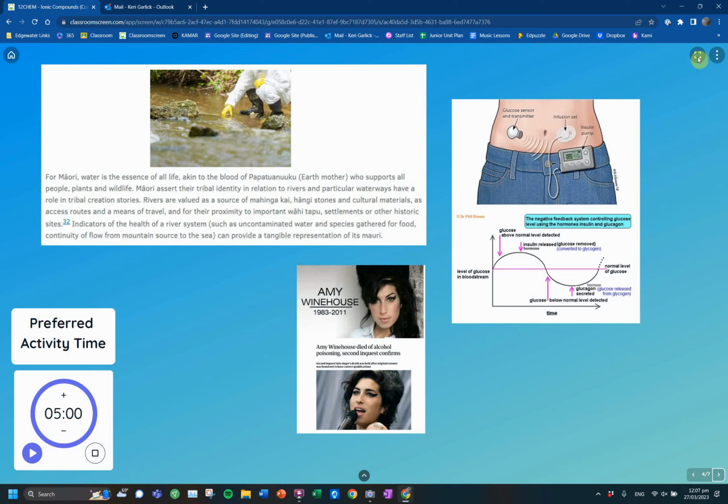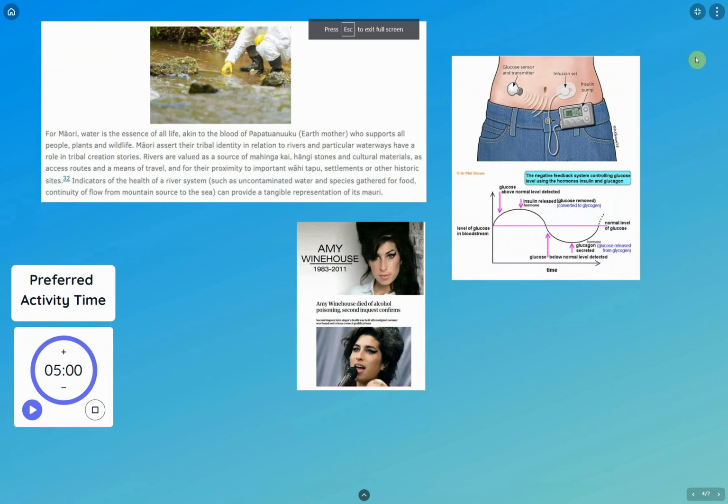Some things to note before we move on is some other reasons why we might want to know about the quantitative analysis. The first thing here, and we talked about this when we were looking at the ion identification topic, was that it's really important for the healthcare of the water, the life force of the water, the quality of the water.